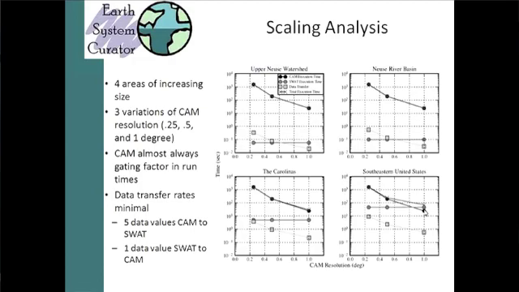But other than that, CAM's always the gating factor. And you'll also notice that the data transfer rates were actually fairly minimal because we're really not passing a whole lot of data across. As I mentioned in the previous slide, just 5 data variables for each data point from CAM to SWAT, and then 1 data value from SWAT to CAM.